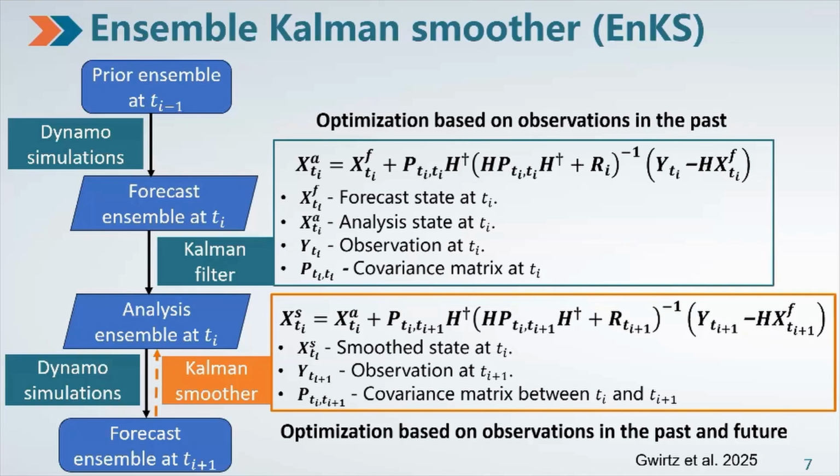Of course, this reanalysis still uses the Kalman filter, but you use the covariance matrix between the dynamo simulations at t_i and t_i+1, and you also use the observation at t_i+1. You can repeat this exercise for the time t_i+2 and even further. Under certain conditions, this approach can be equivalent to the variational approach.